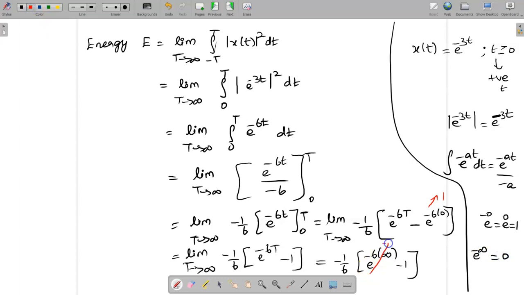So this value becomes 0. So I have only minus 1 by 6 into minus 1, and minus into minus becomes plus 1 by 6. So energy E value is nothing but 1 by 6. Energy E we have determined, which is nothing but 1 by 6.